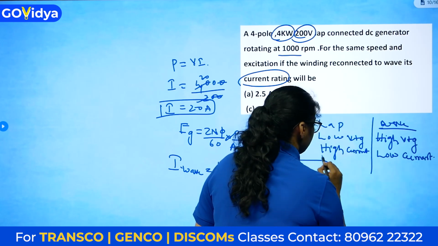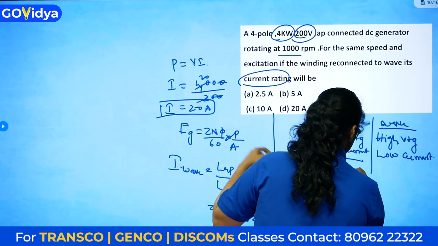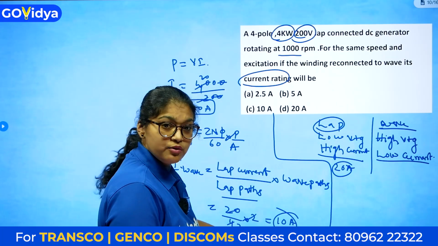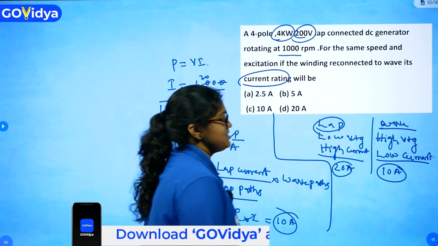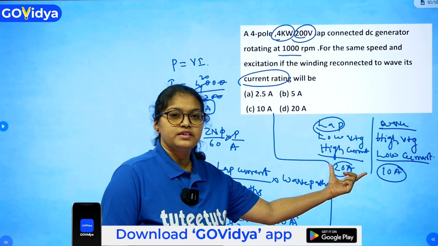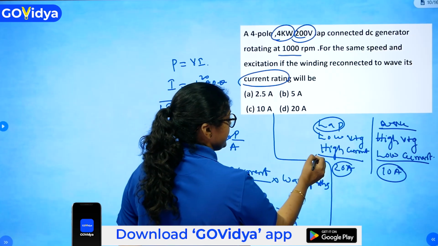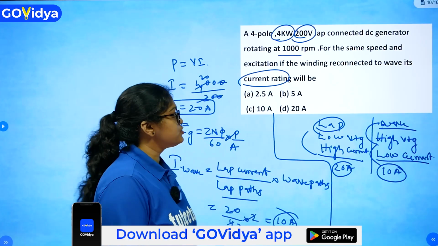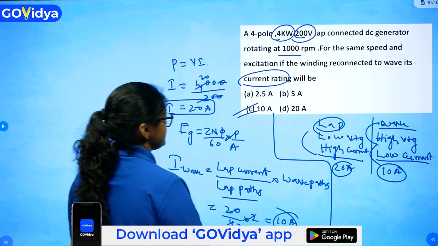For the lap winding we had 20 amperes, and for the wave winding around 10 amperes. Is this looking similar to this data? Yes. So lap winding has low voltage with high current, and wave winding has high voltage with low current. So the answer is 10 amperes. Option C matches. Next question.